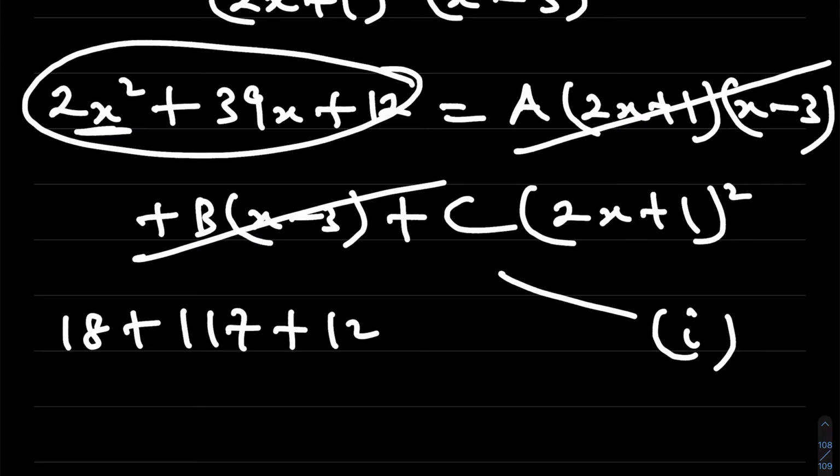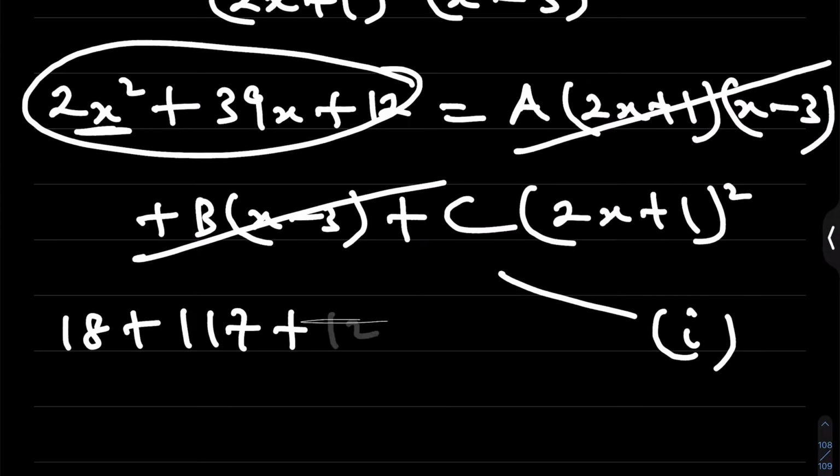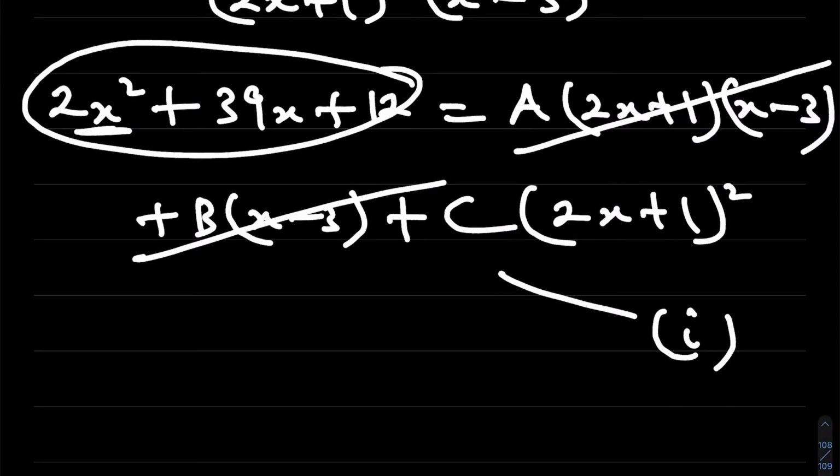Let's check that very quickly: 3 squared is 9 times 2, 18, 18 plus 39 times 3 plus 12, and that's 147. So the left hand side becomes 147.